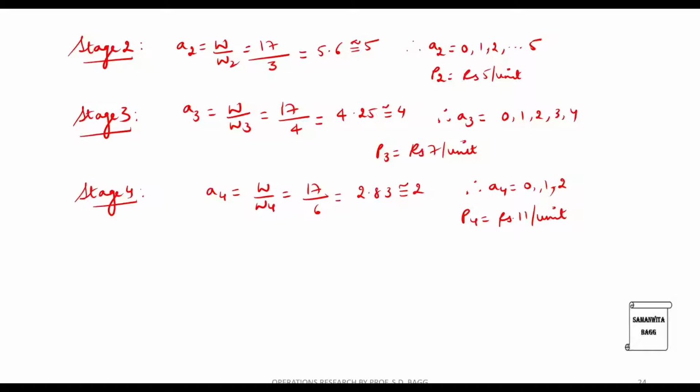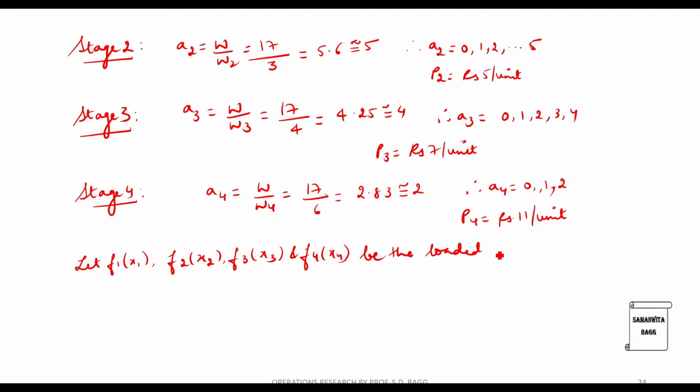Now once you have calculated all of these, you write down, let F1(x1), F2(x2), F3(x3) and F4(x4) be the loaded items at stage 1, 2, 3 and 4 respectively.